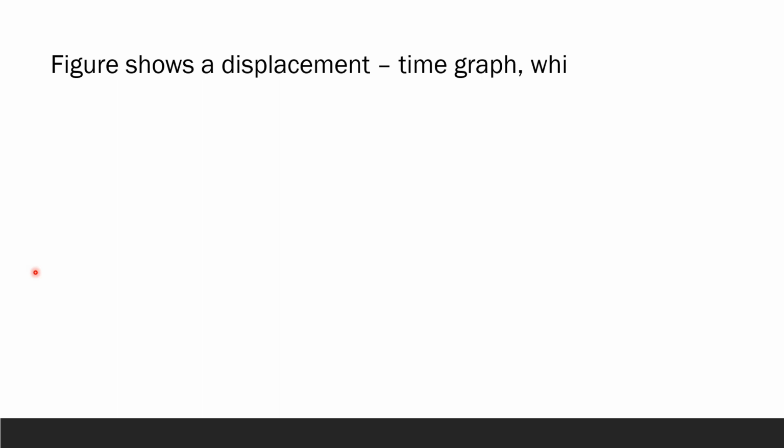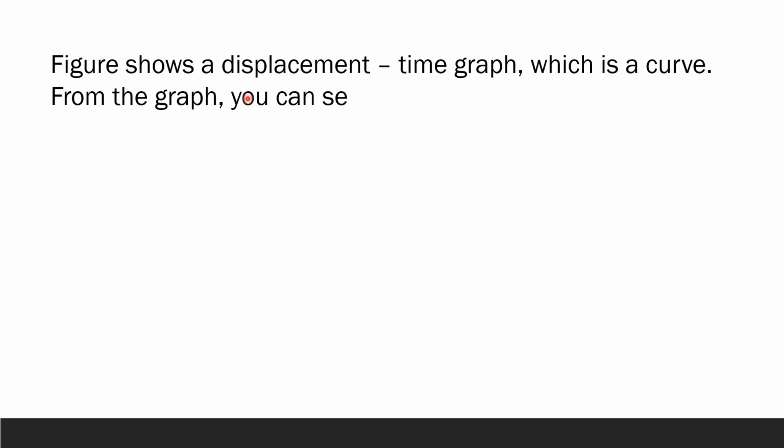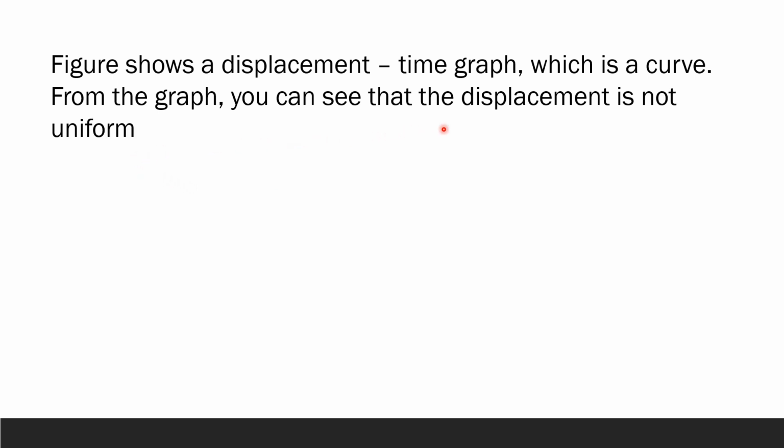Next, the figure shows a displacement time graph which is a curve. From the graph you can see that the displacement is not uniform with respect to time.